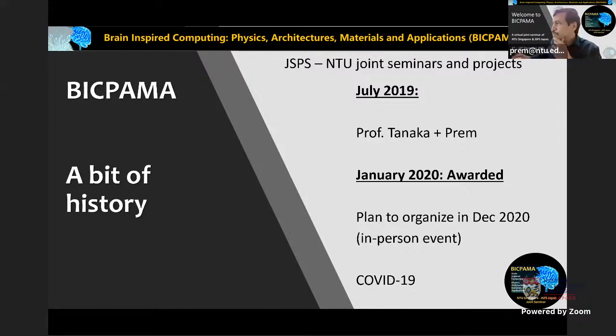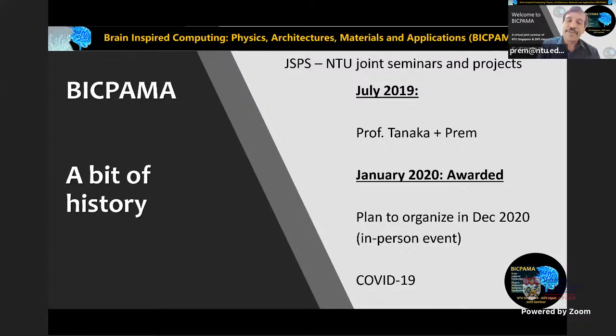Basically, the previous two slides showed the names of the speakers, the invited speakers, the session chairs, and so on. JSPS and some organizations like NTU and NUS in Singapore can organize joint seminars or carry out research projects.